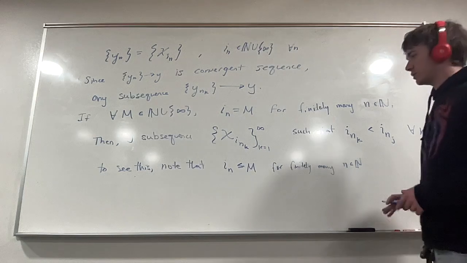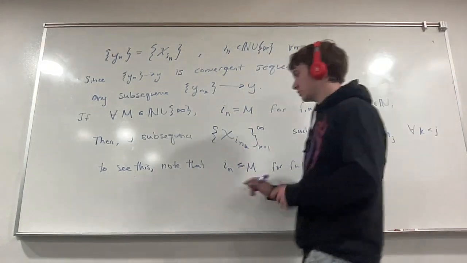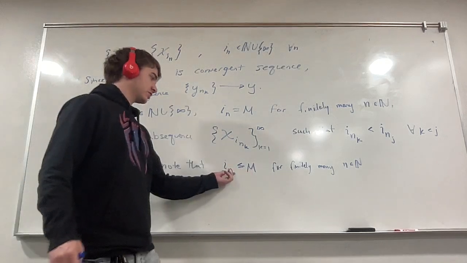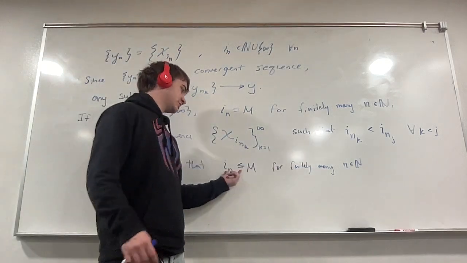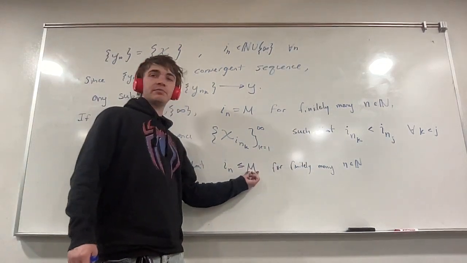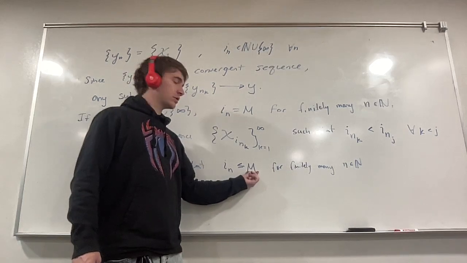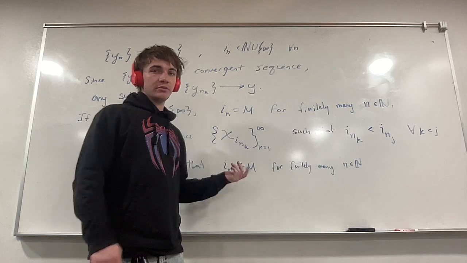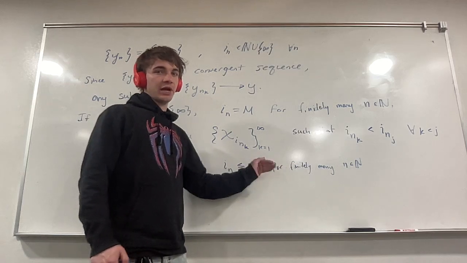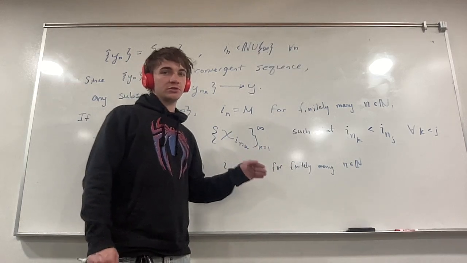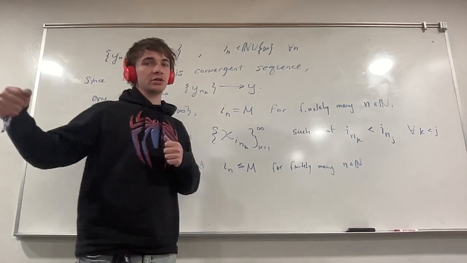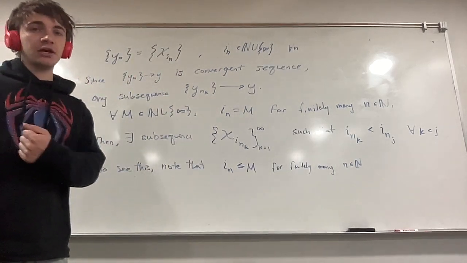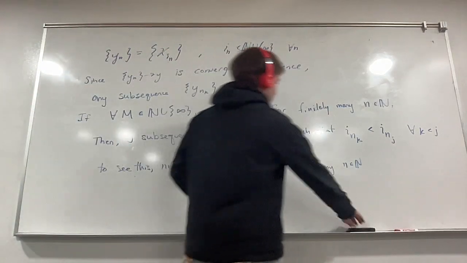So for any fixed m, there's only going to be finitely many n such that I sub n is less than or equal to m. And so eventually, since it's an infinite sequence, we're going to be able to find an index that surpasses any fixed number, which allows us to build inductively a subsequence which is monotone increasing in index. Okay, so let's write this.